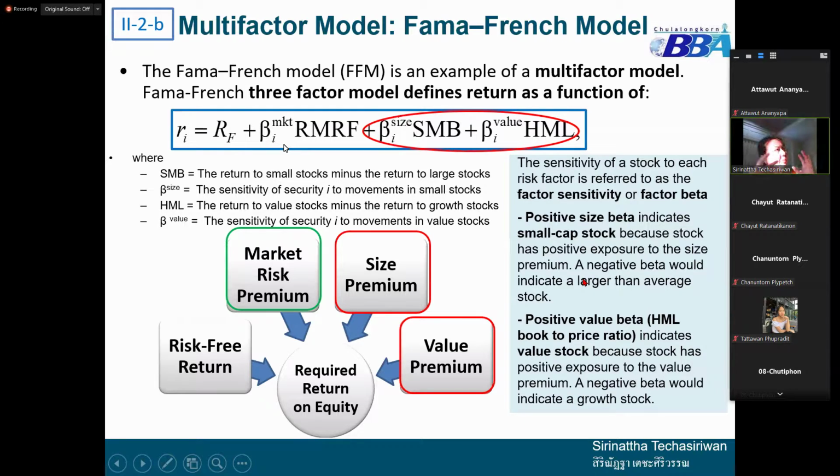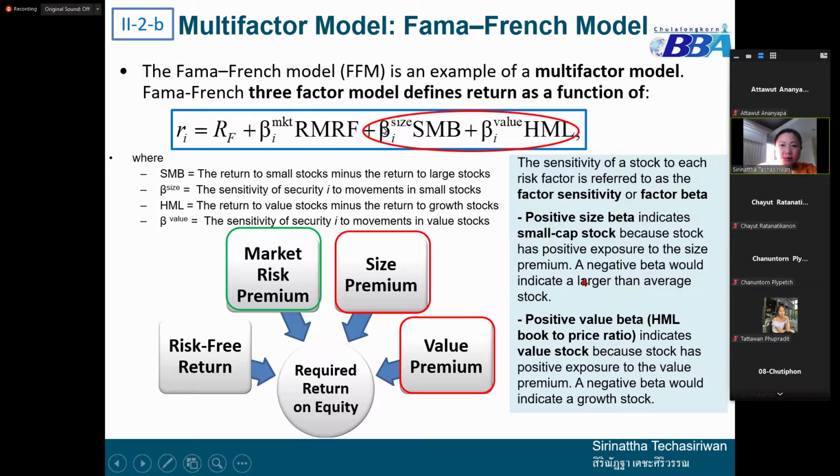For a small cap company and a big cap company, if those two companies have the same level of market beta, small cap firms still required higher return in the past when they looked at empirical data.